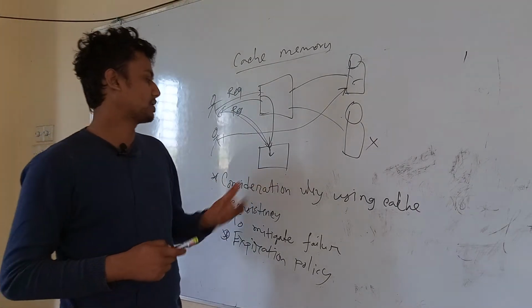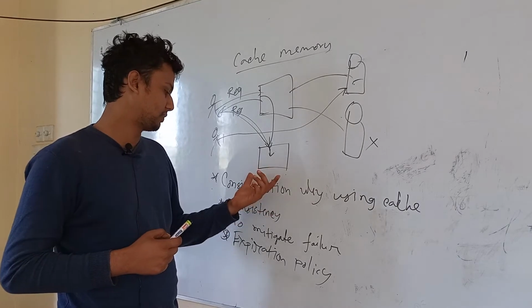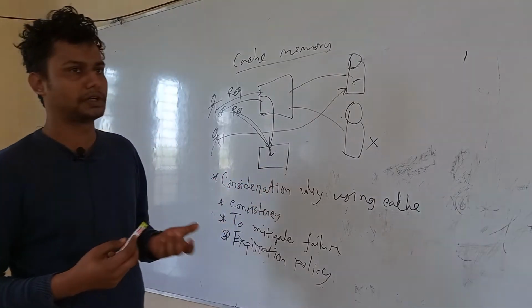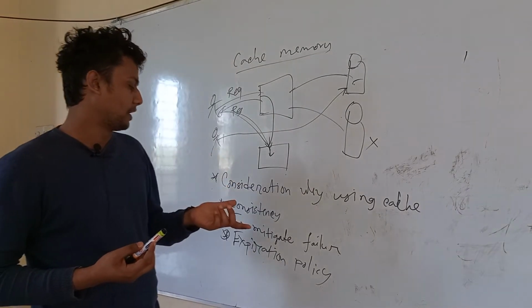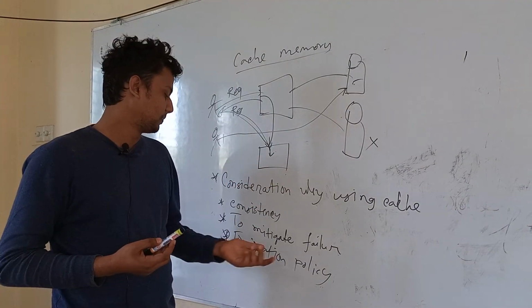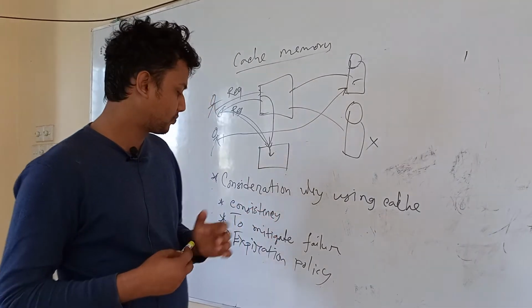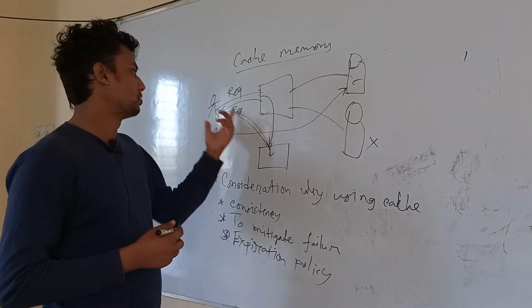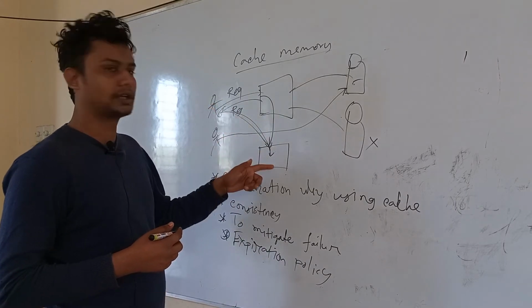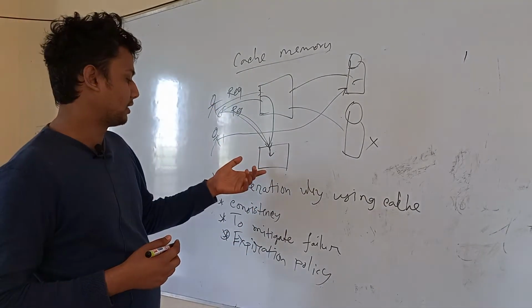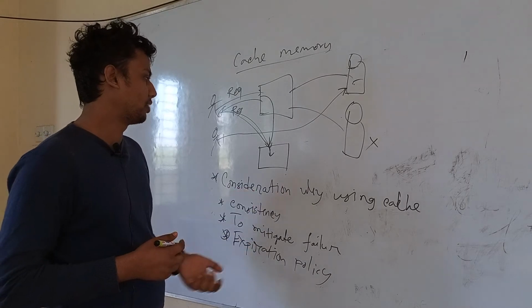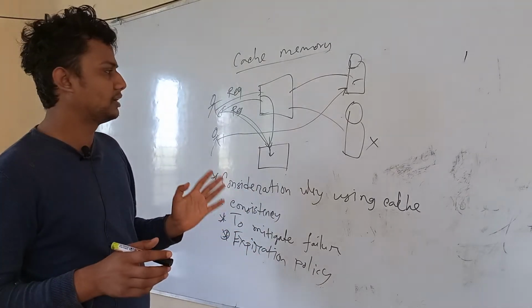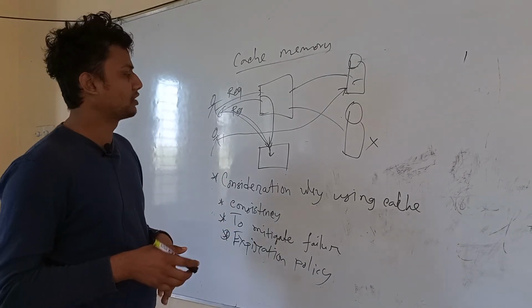The cache expiration shouldn't be too long or too short, because if it's too long it can become stale if we don't remove it, and if it's very short, then there is no use saving our data in the cache memory and removing it after a very short time. So its expiration policy should be in the middle, not too long and not too short.